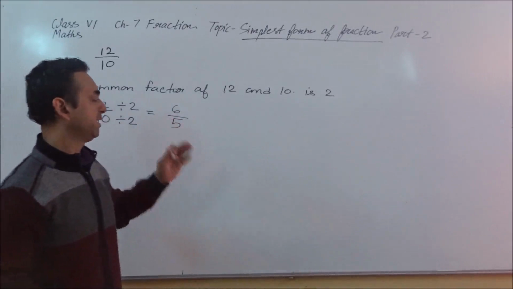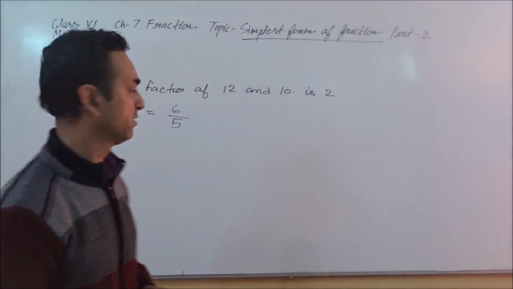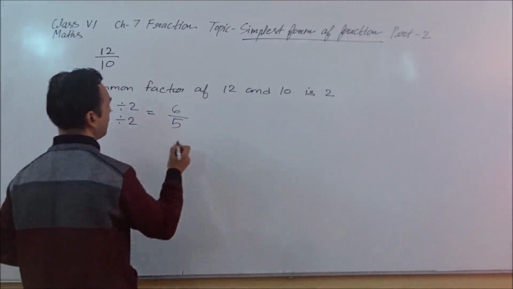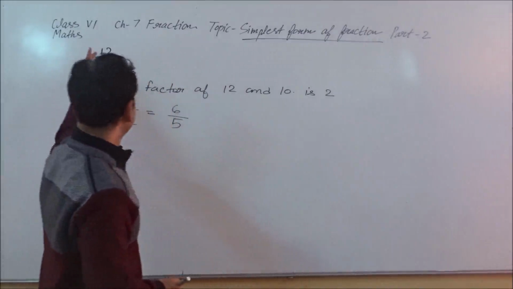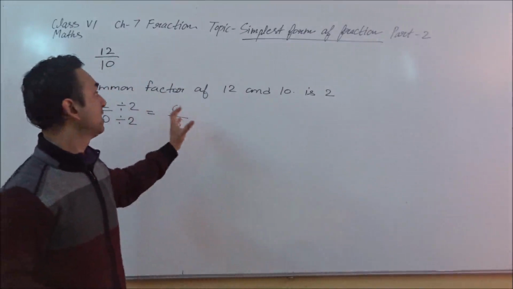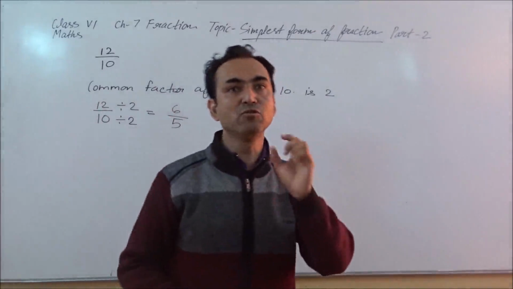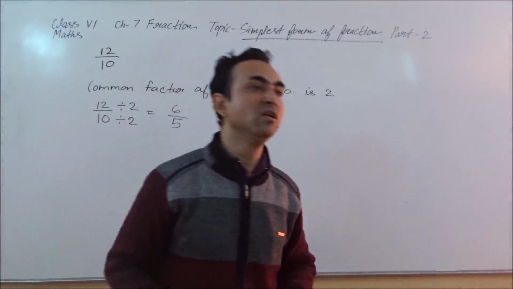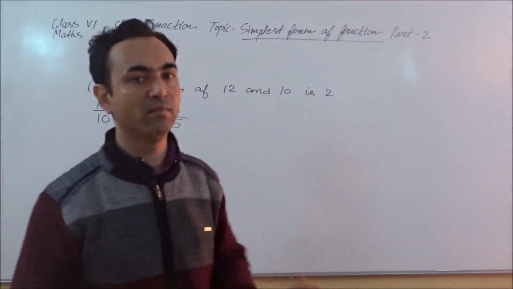Now again we check 6 and 5. The common factor of 6 and 5 is 1. So now this fraction is in the simplest form. Simplest form means the fraction whose numerator and denominator have only the common factor 1, not another number.